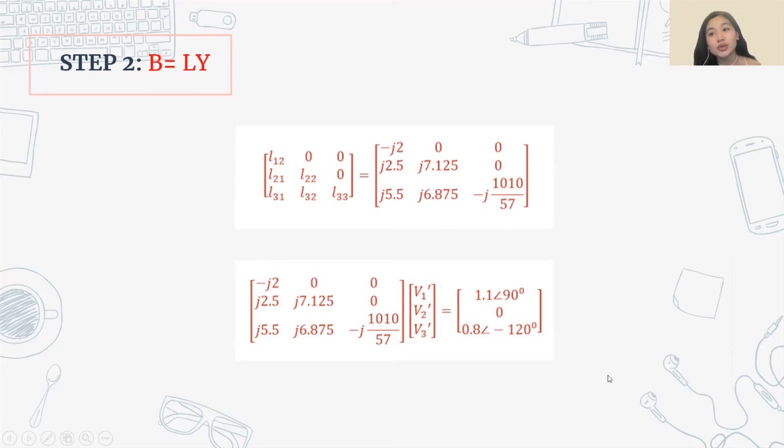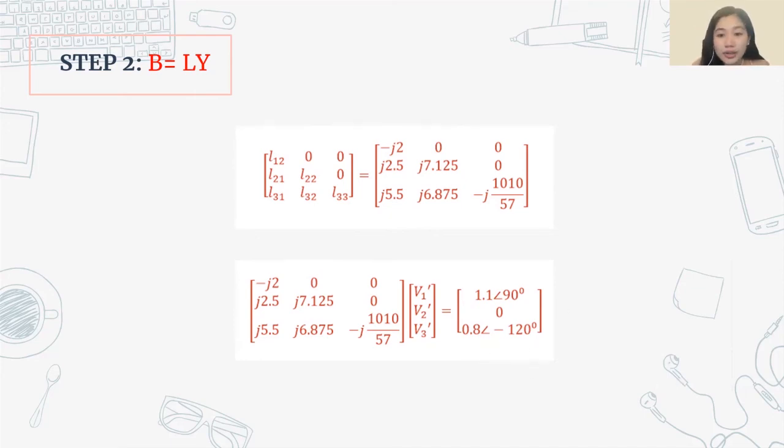Now, we are just going to convert it once again to this step dito sa formula na to, wherein dito is that Ly equivalent to B. Ang L natin is yung lower matrix or lower triangular matrix. That is why ito yung value natin. Yung Y natin would be the V1 prime, V2 prime, and V3 prime, which is equivalent dun sa B natin, which is the answers from our given equation or doon sa na-equate sa kabila.